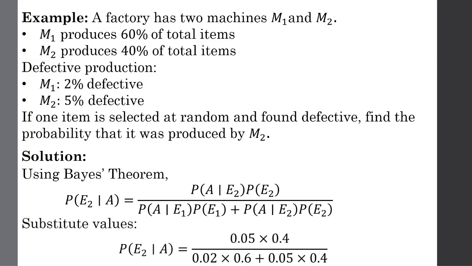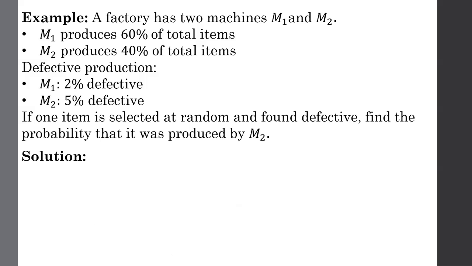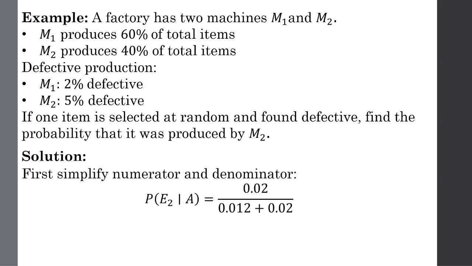Now substitute all known values. The probability of E2 given A equals 0.05 multiplied by 0.4, divided by 0.02 multiplied by 0.6 plus 0.05 multiplied by 0.4. Multiplying the numerator gives 0.02. In the denominator, 0.02 times 0.6 gives 0.012 and 0.05 times 0.4 gives 0.02.